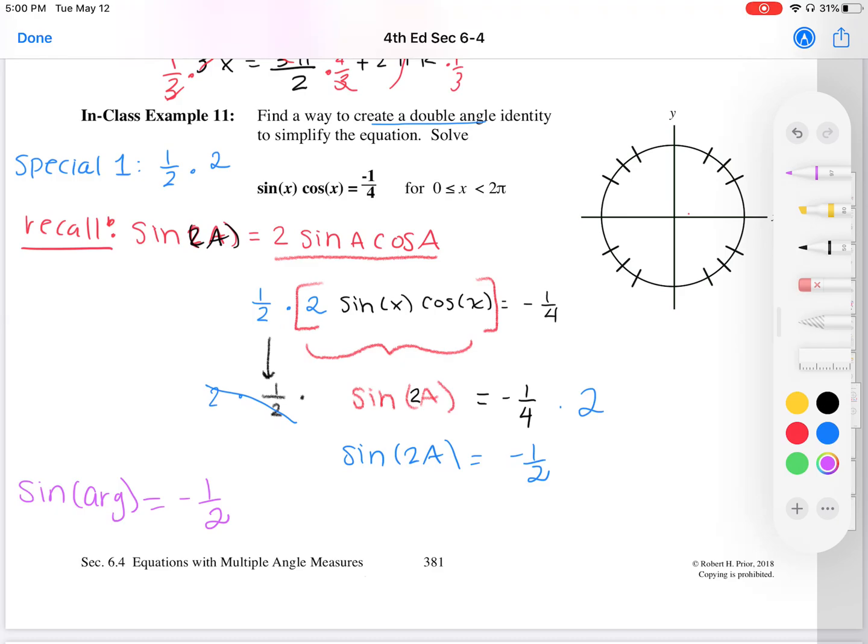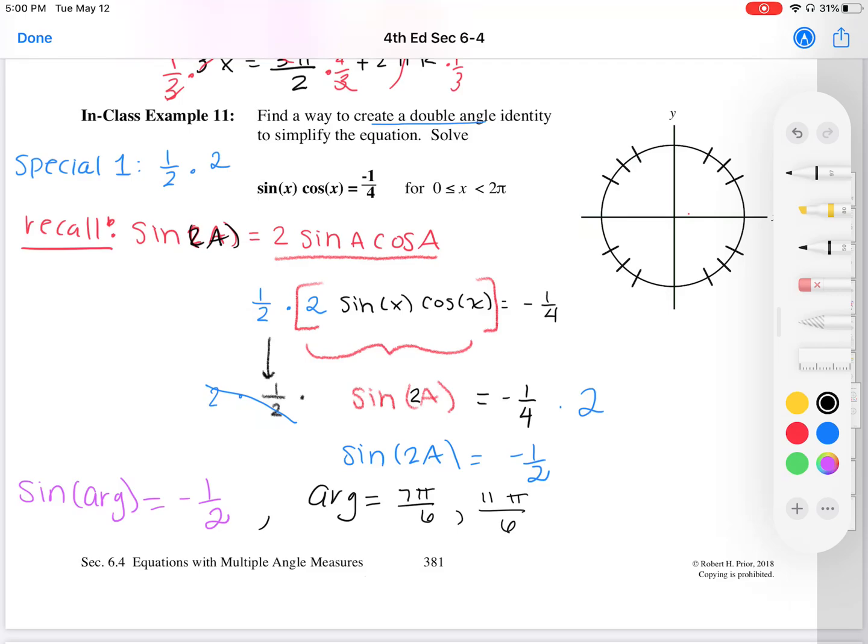We want radians, not degrees. It happens at 7 pi over 6 and 11 pi over 6.